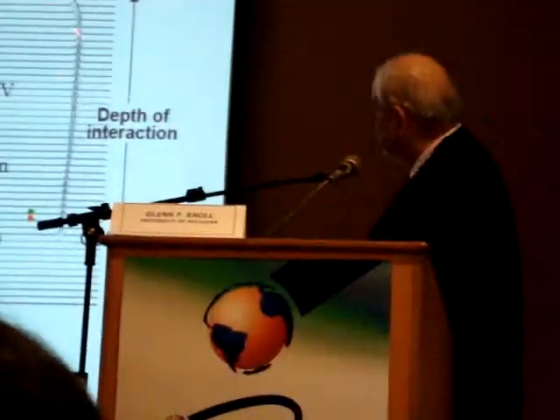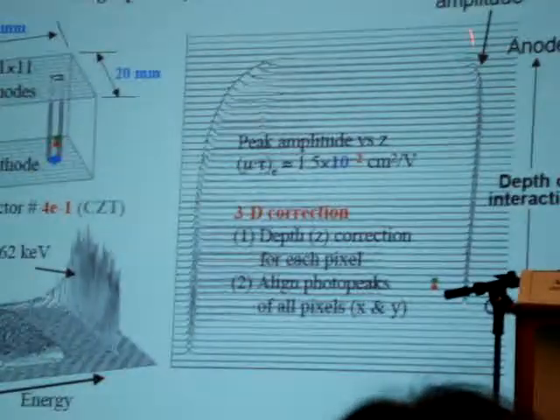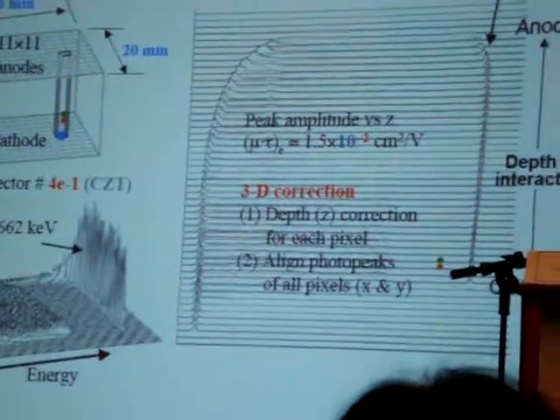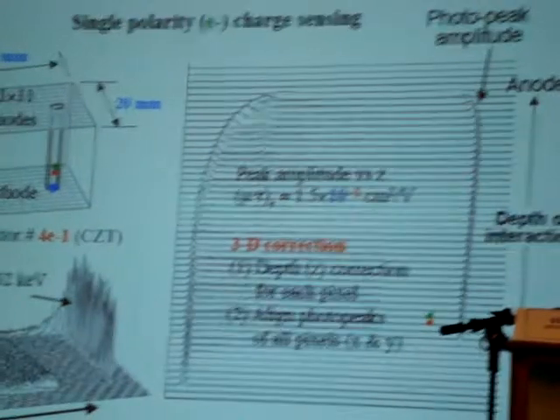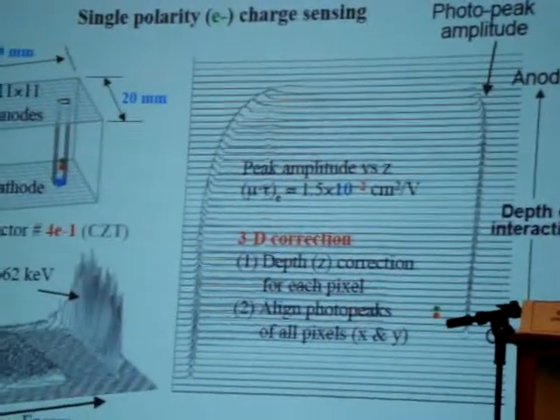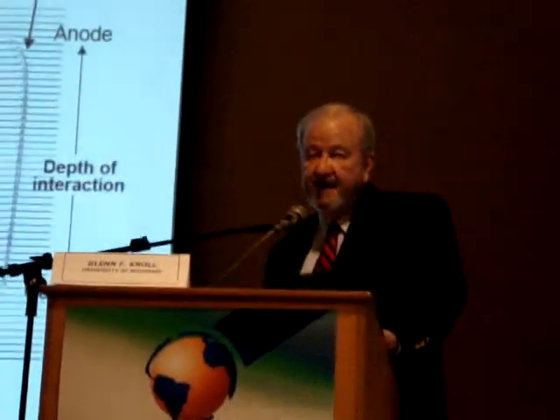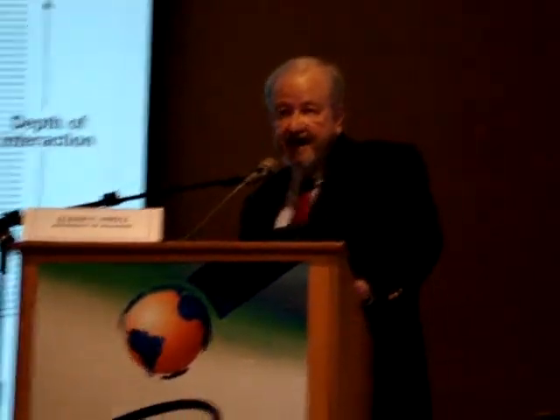And you notice that as you look at different depths into the material, the position of this full energy peak moves. It is not in the same position. And that simply tells you that electron trapping is going on.